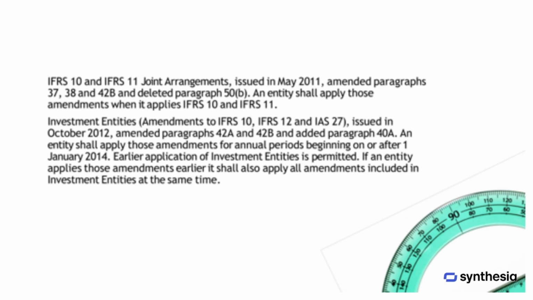An entity shall apply those amendments for annual periods beginning on or after the 1st of January 2014. Earlier application of Investment Entities is permitted. If an entity applies those amendments earlier, it shall also apply all amendments included in Investment Entities at the same time.